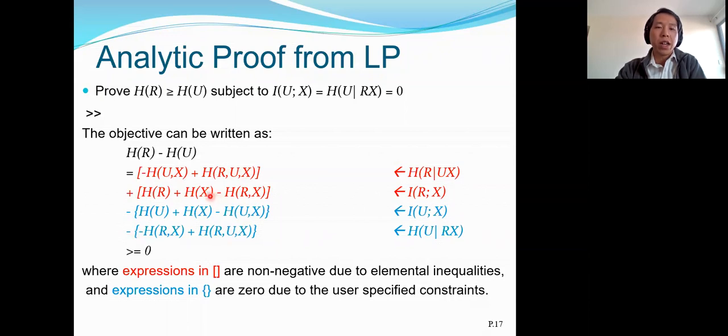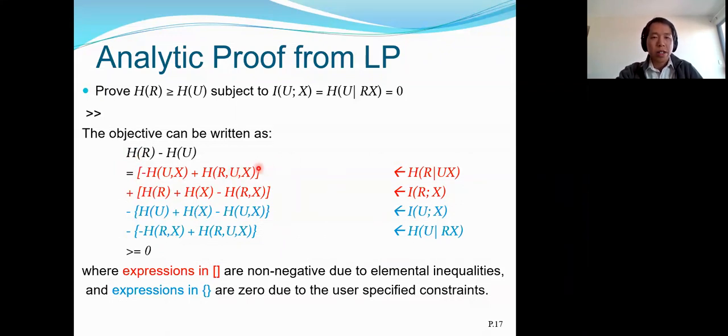And then HX is cancelled out due to the minus sign, and RX is also cancelled out. So what we are left with is only the entropy of R minus the entropy of U, and this is equal to the left-hand side of this equality.